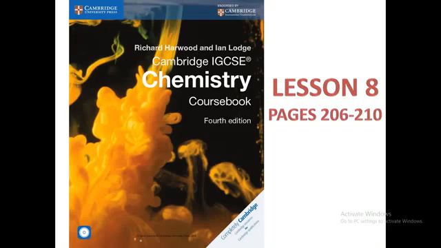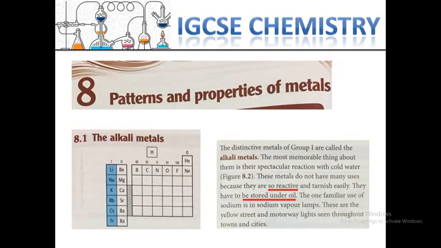Hi, today we are going to start lesson 8 and we are going to cover pages 206 to 210. This lesson is related to the previous lessons, chapter 2 or 3.